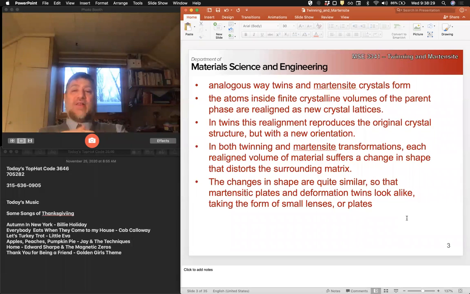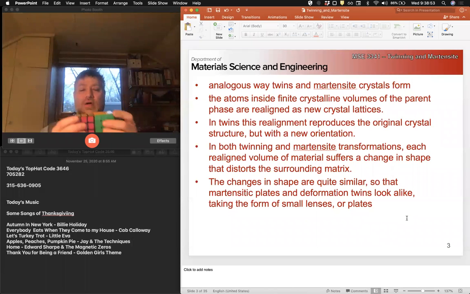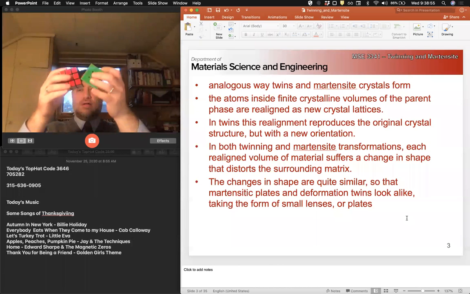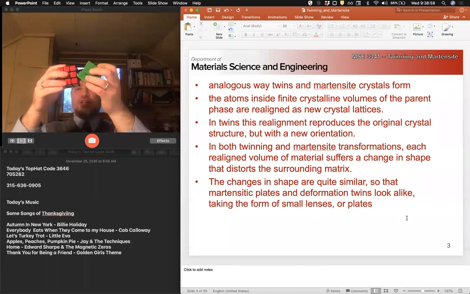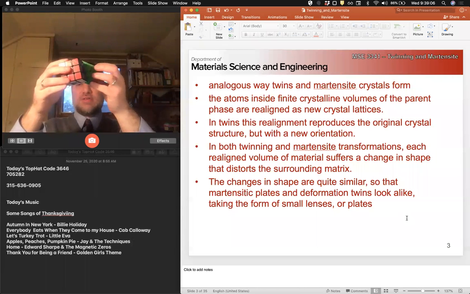Okay, there's analogous ways that twins and martensite crystals form. Okay, the atoms inside these crystalline volumes are realigned to form new crystal lattices. In twins, this realignment produces a lattice that has the original crystal structure, but with a new lattice orientation, right? We have a rotation of a large part of our lattice relative to something else, right?